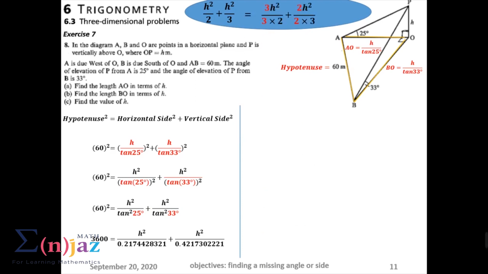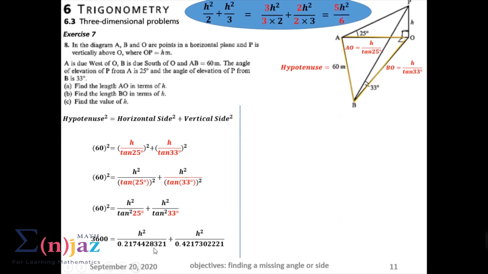So 3 times h squared is 3h squared, and then it's 3 times 2. The second fraction, we multiply it by 2, so 2 times h squared is 2h squared over 2 times 3. To simplify this, we're going to keep the common denominator the same, and we're just going to add the numerators. So 3h squared plus 2h squared is 5h squared over 6.